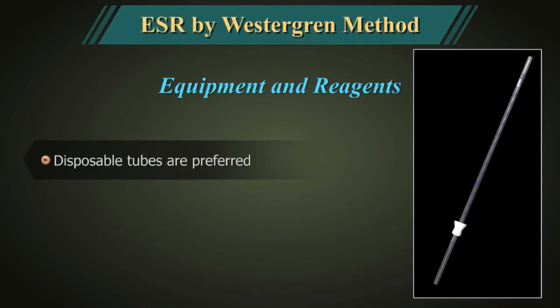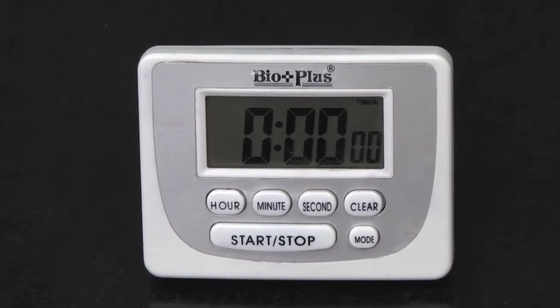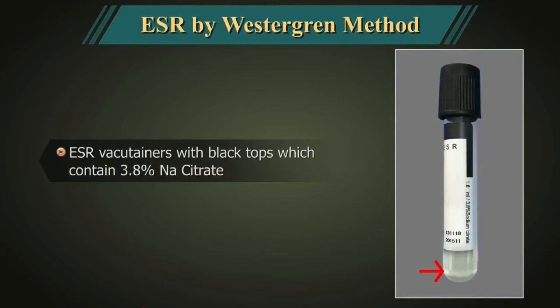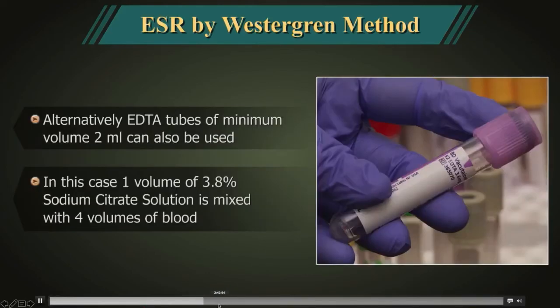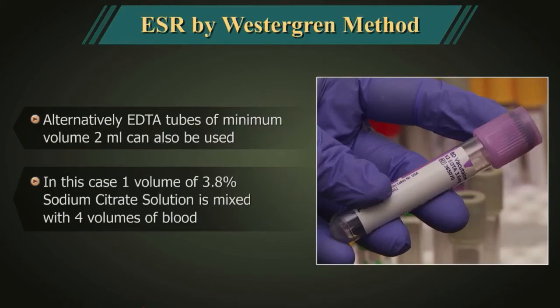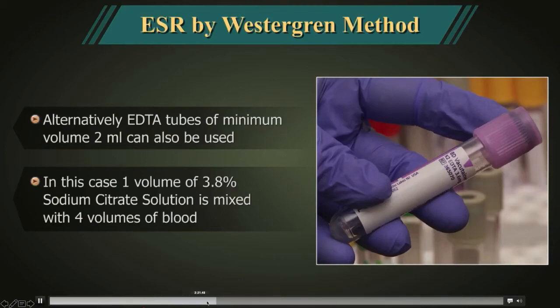Timer. ESR vacuoteners with black tops which contain 3.8% sodium citrate. Alternatively, tubes of minimum volume 2 milliliters can be used. In this case, one volume of 3.8% trisodium citrate solution is mixed with 4 volumes of blood.